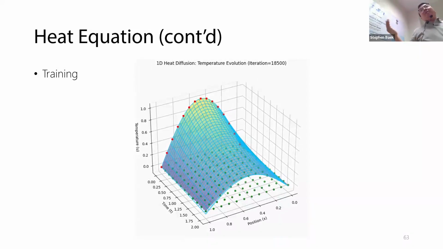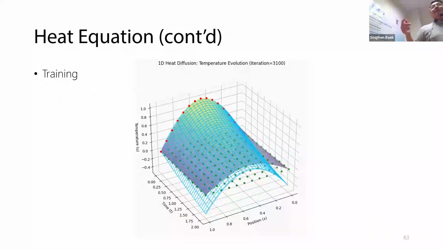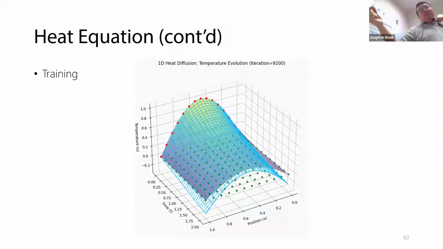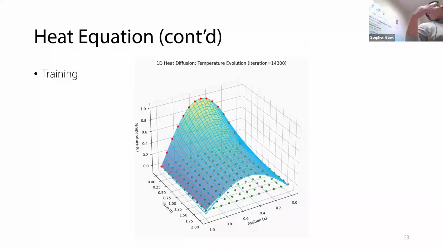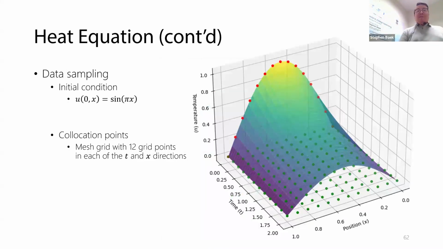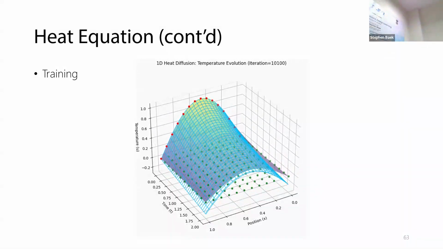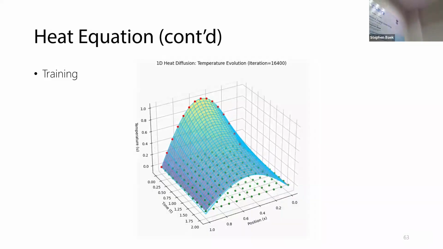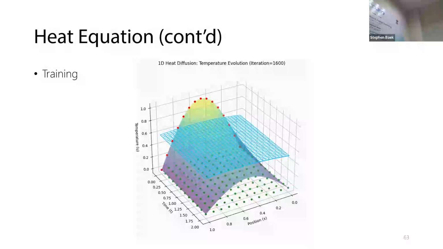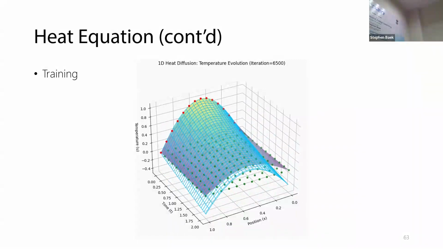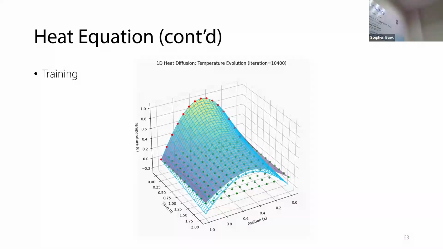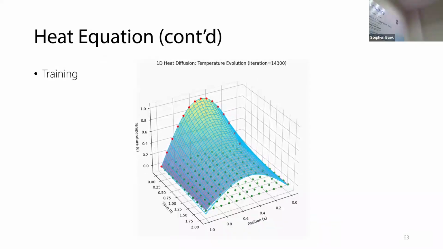At the very beginning, without the data loss terms, the easiest way of reducing the physics-informed loss is by saying, oh, nothing happens in the temperature. It's constant everywhere. That's the easiest, trivial solution. So we start from there. And then because of the data loss, initially the network fits the red dots predominantly. And then as we repeat more and more iterations, you can see that the blue surface gets deformed to fit the actual physical process.